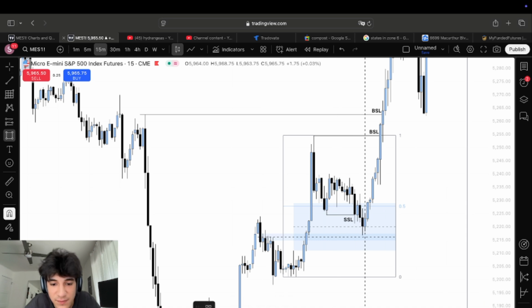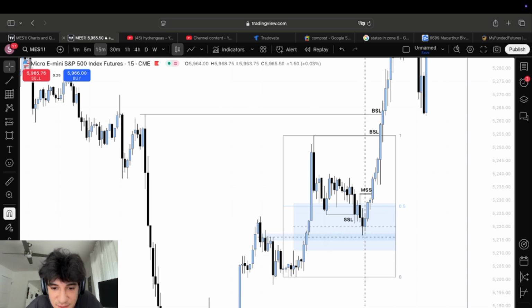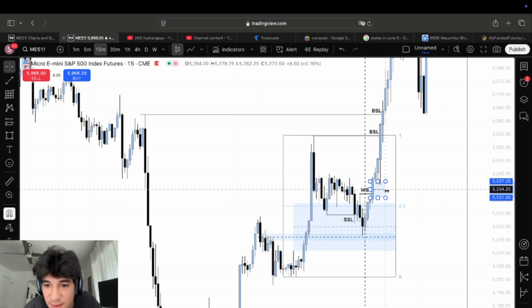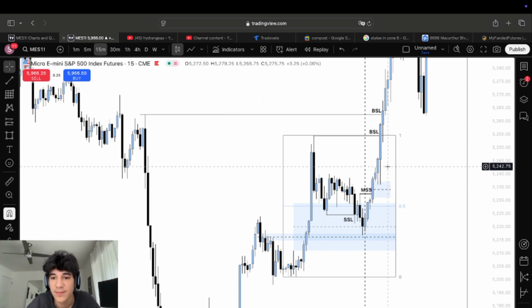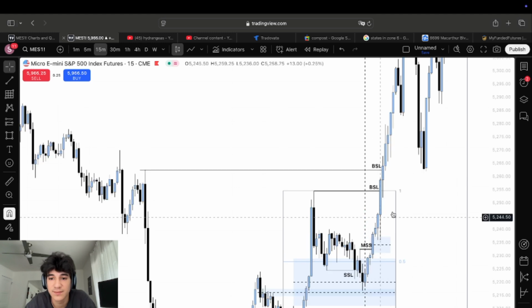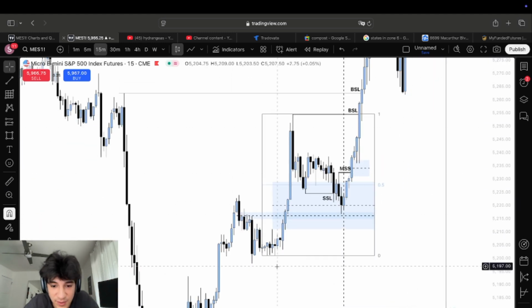And then what happens? We see it happens on the 15-minute. Boom. We get a market structure shift, and then what happens in the market structure shift? We tap into this fair value gap, enter off the fair value gap, and continue up higher. And that's what I'm saying. It literally happens on every time frame.